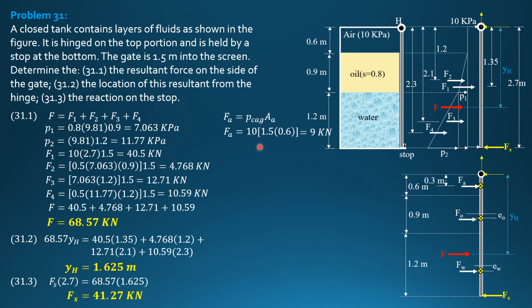Another way to prove that E of air is 0, or there's no distance between centroid of area and center of pressure in the airspace, is that the pressure in air, 10, we equate to specific weight of air, which is very, very low, 0.0 something, times barred h of air.